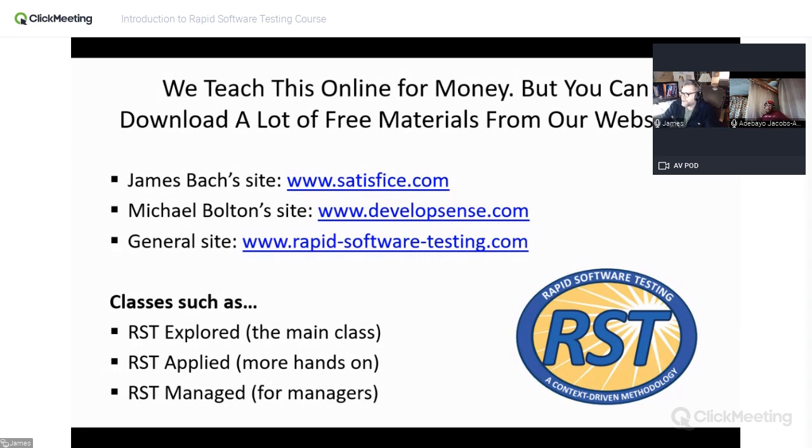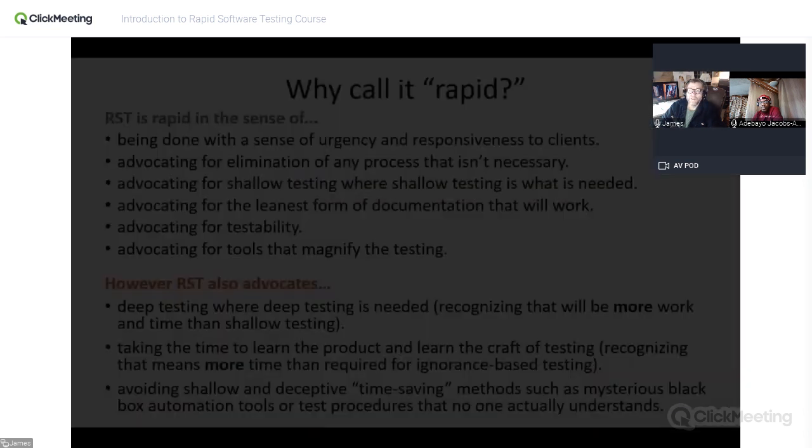There's another question here that I'd really like to deal with, though, Teapot, which is, why rapid? Yeah, and I was going to come to that. I should have anticipated that one, and I have a slide in my regular class notes that I want to show you, because here we go.